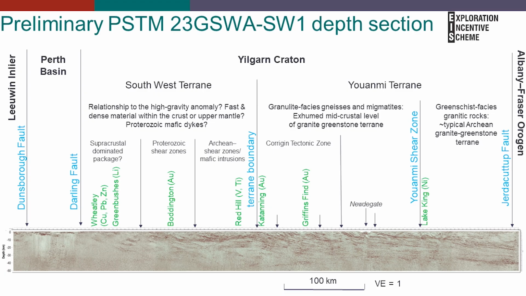Again, we see a major structure running through here, and a series of east-dipping reflectors, a really dense network of east-dipping reflectors, some of which will be interpreted as thrusts, others probably the migmatite layering, as we interpret all this region as exhumed from mid-crustal levels, possibly from around here, exhumed to the surface along over the Southwest Terrane.